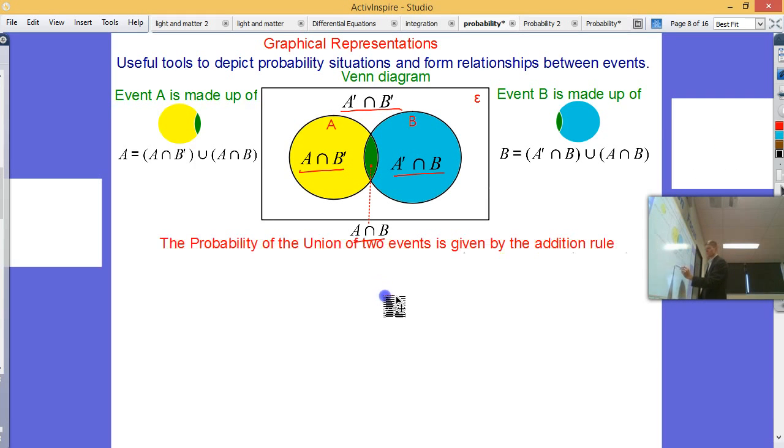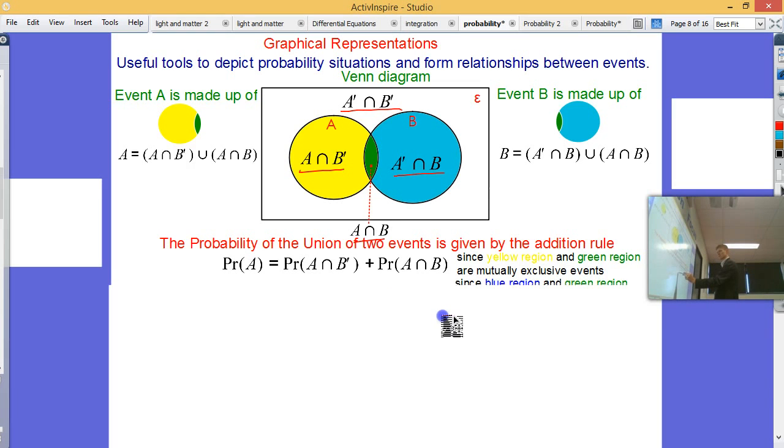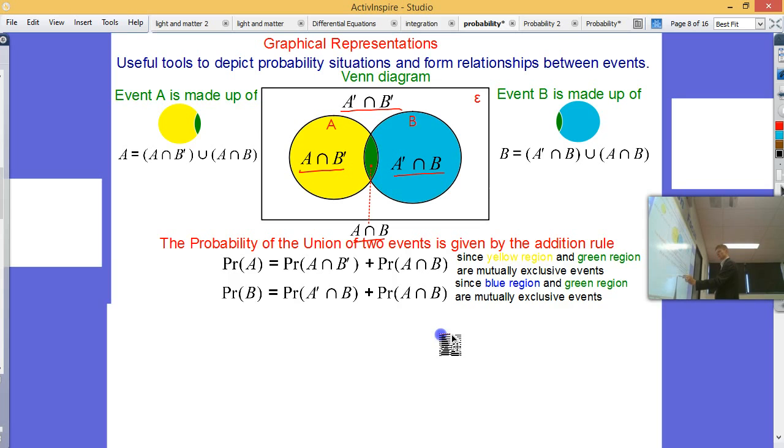Now, let's think about how those two go together. The union of 2 events is given by our addition rule, so let's grab our addition rule, and we get these 2 expressions. They're equivalent expressions that we can use, drawn from the Venn diagram to help us relate the probability of all the regions, these 4 regions together.